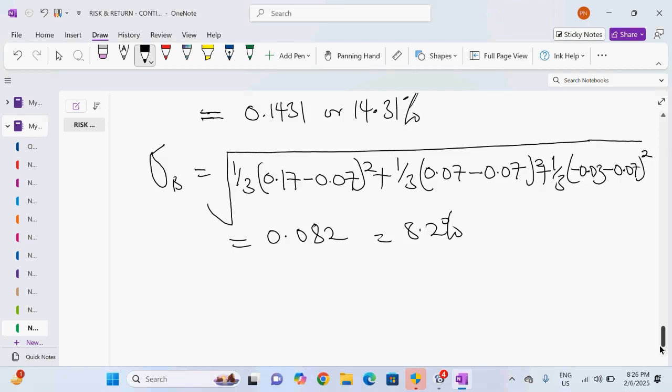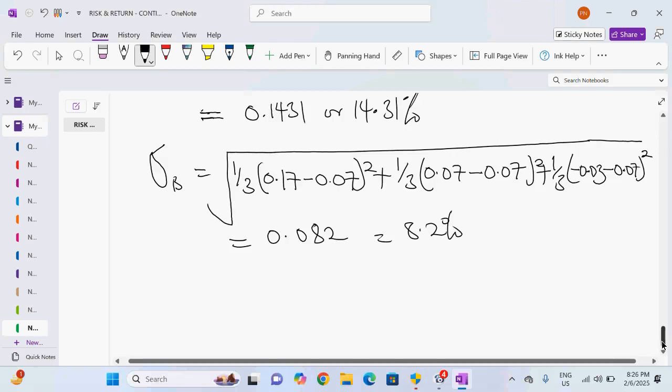Compute the portfolio standard deviation.